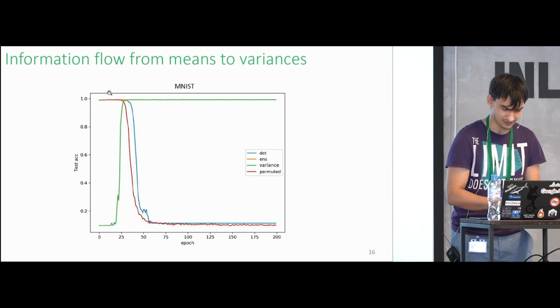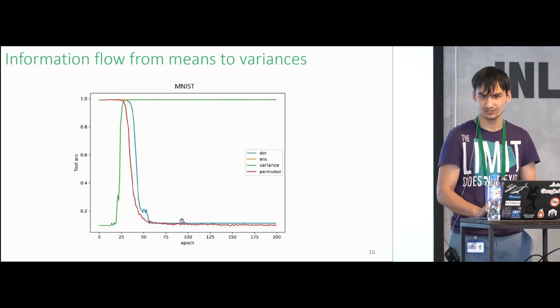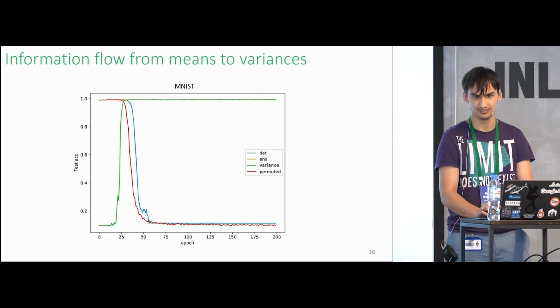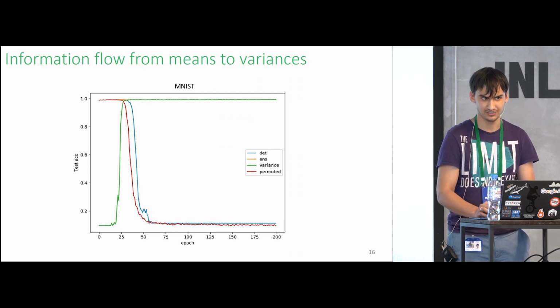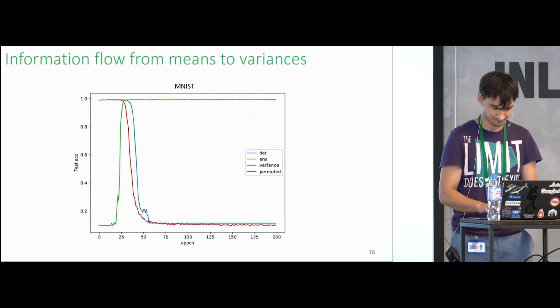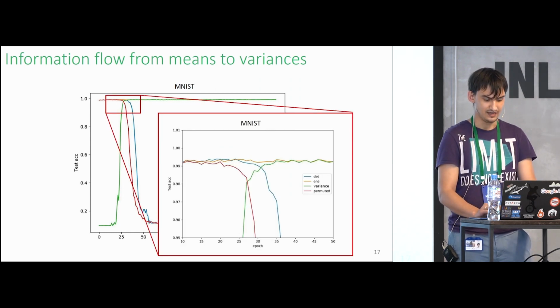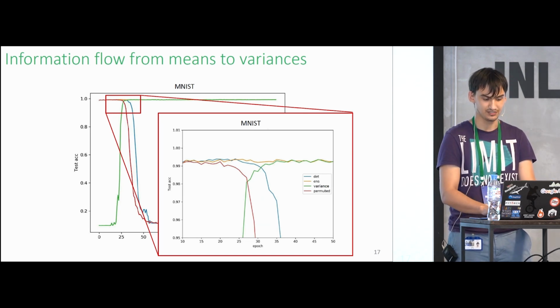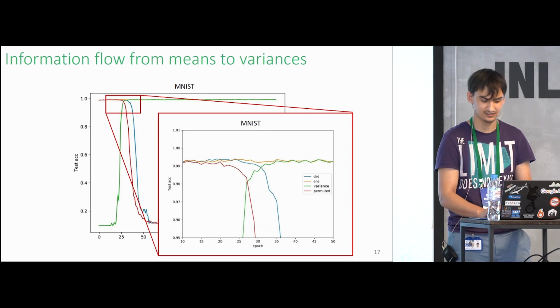And you can take this permuted prediction, where you permute the variances inside the layer so that you try to remove all the information from the variances, but still obtain some stochasticity. Yeah, and so in this plot, you can see how the information actually flows from the means to the variances.